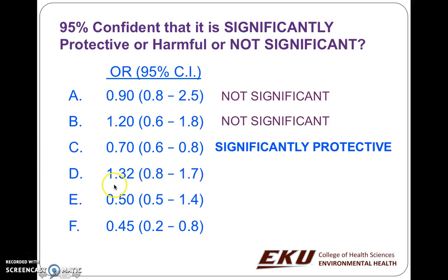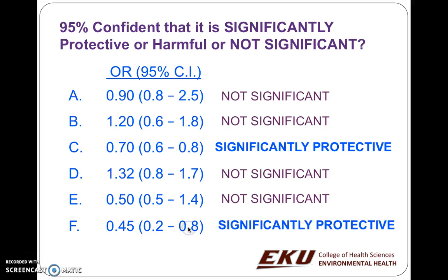So we have protective and harmful. 1 is in the middle, not significant. Again, 1 is included in letter E's confidence interval, not significant. And then letter F, we have 0.2 to 0.8. It is entirely protective. There is no number 1 in there. So it is significantly protective.